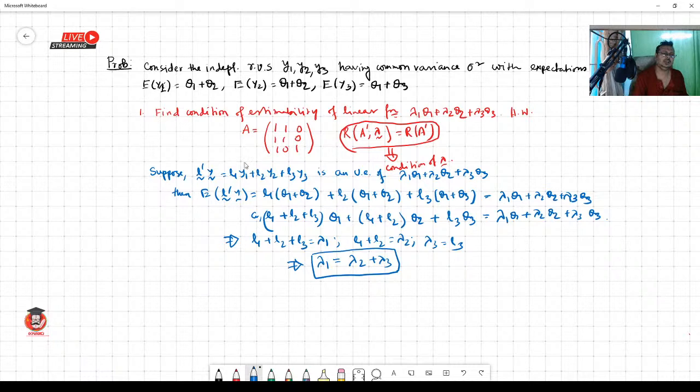So you can find this condition this way, or you can use the result. Okay, so this is your homework, and check that after this condition is satisfied when this thing is happening. Okay.